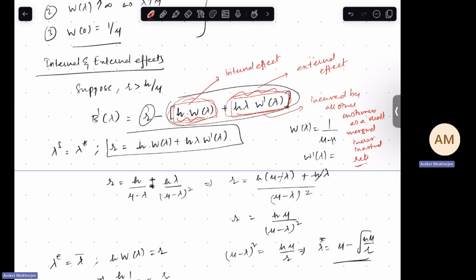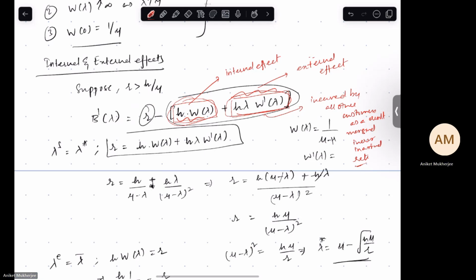But an individually optimizing customer doesn't take into account the external effect of its decision to enter. The formula lambda E takes into account only the internal effect of the decision. So it only takes the customer's own waiting cost, right? But in contrast, lambda S takes into account both the internal effect and the external effect.